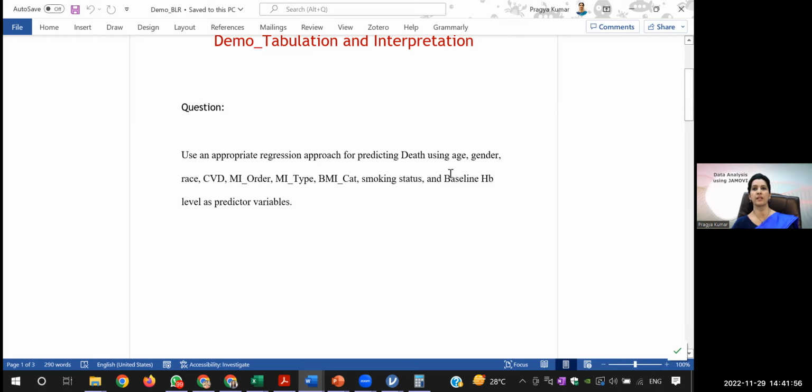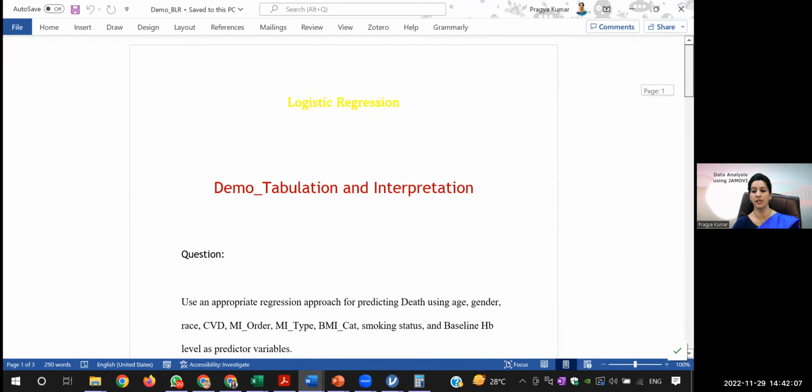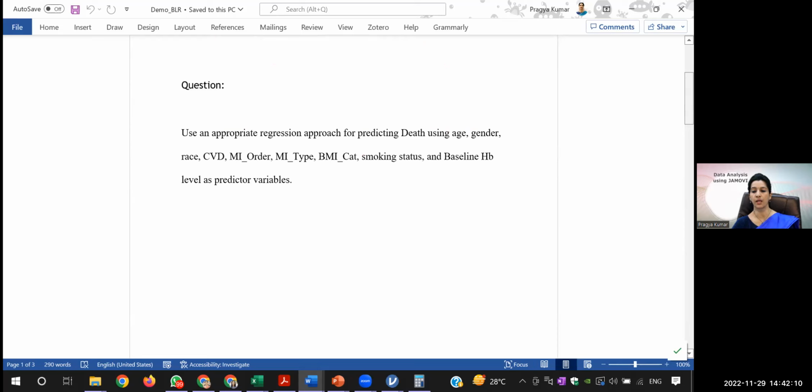So there are many variables: 1, 2, 3, 4, 5, 6, 7, 8, 9. Initially, maybe clinically, we think that these are the variables, and we'll see how to do that.